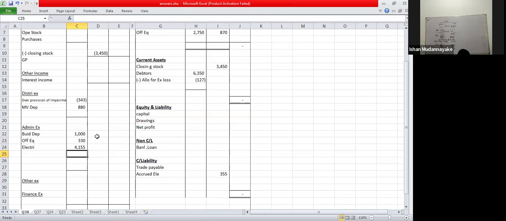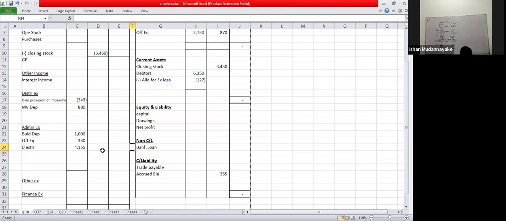Look at the fifth one. The bank loan was obtained on 1st April 2015. It should be payable in 2 equal installments. First installment with interest is due as at 31st March 2016 and it has been paid on 10th April 2016. Look at the bank loan.